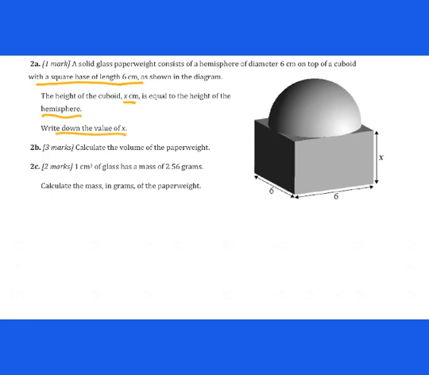Since x is equal to the height of the hemisphere, it will be the radius. That will be x. Therefore, you will get 3, because diameter is 6, which means the radius will be 3. Equals 3 centimeters. Remember, you have to add the unit when you deal with the word problem.